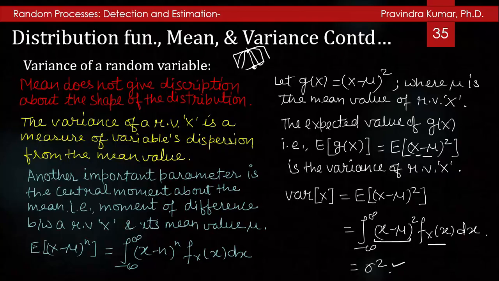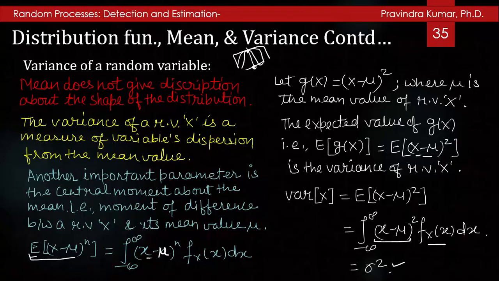Another important parameter is the central moment about the mean. It is defined as the moment of the difference between the random variable x and its mean value. The nth central moment is the expected value of (x minus mu) to the power n.